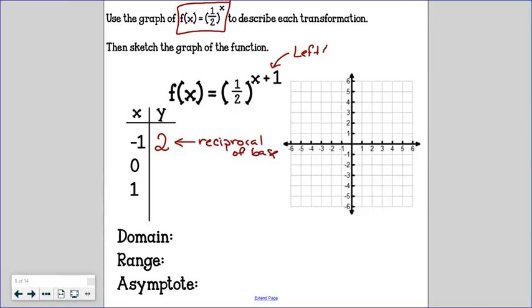Okay? How about when I raise something to the 0? Right? Anything, it doesn't matter what the base is. When I raise it to the 0, it will be 1. So 1 always. Okay? And when I raise something to the first, it stays the exact same. So in our table, when I raise it to the first, that should be whatever your base is.